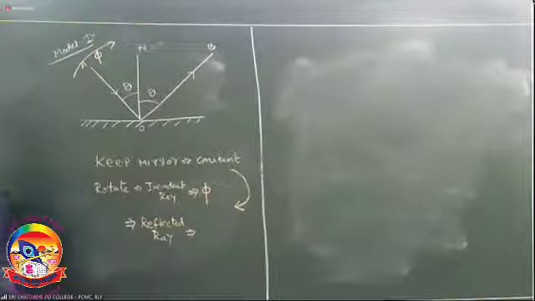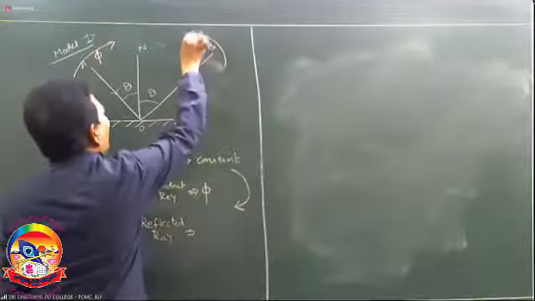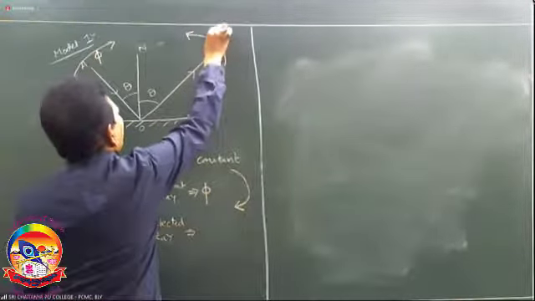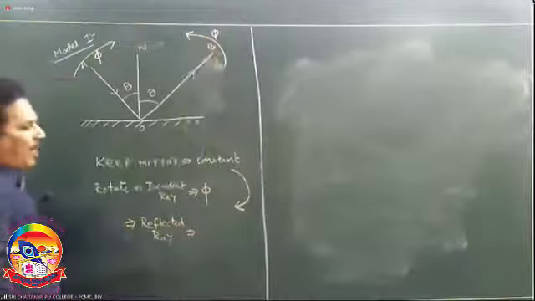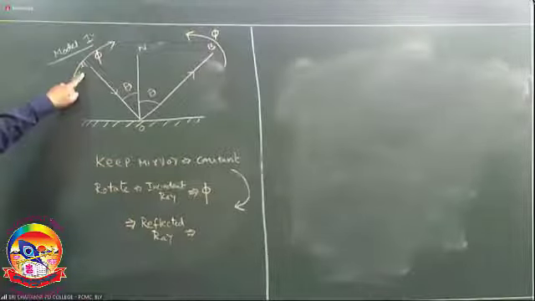But we know the law of reflection: the angle of incidence is equal to the angle of reflection. Then automatically the reflected ray will also rotate by phi, but in what direction? Anti-clockwise direction, opposite to the incident ray.